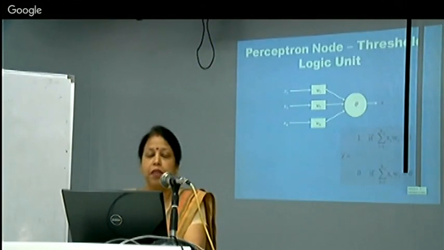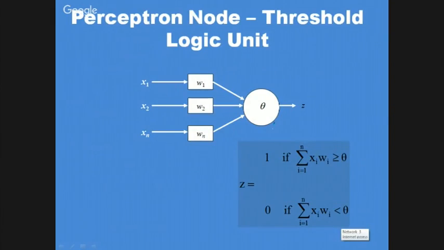The Perceptron was developed by Rosenblatt. If we want to know the logic expression of the perceptron node, from the figure itself we can see this is input x1, this is input x2, and this is input xn. There are n inputs.